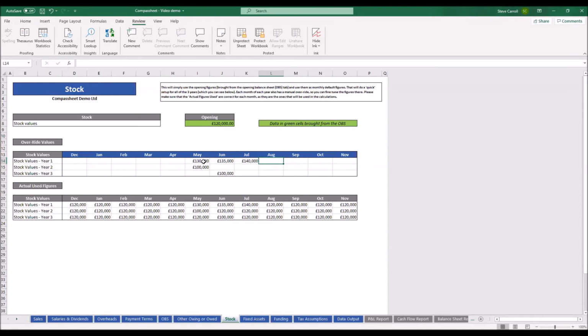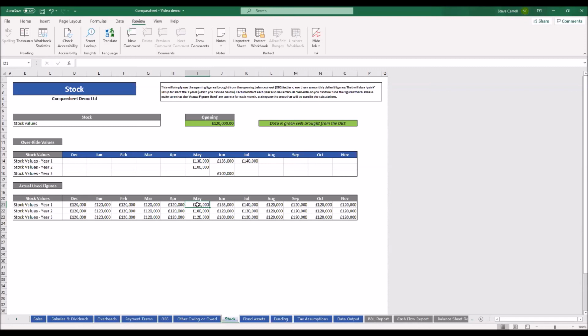So going back to the stock here, if £120,000 goes up to £130,000, it will now assume in our model that 30 days later we're paying for an extra £10,000 worth of stock.